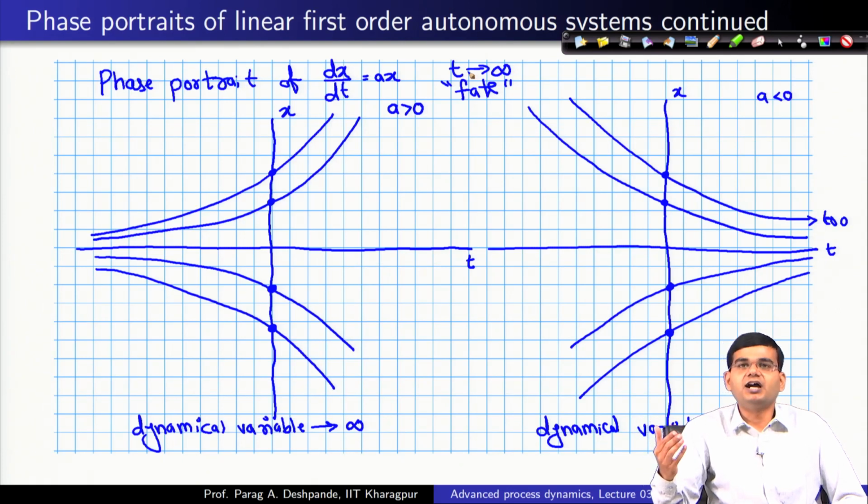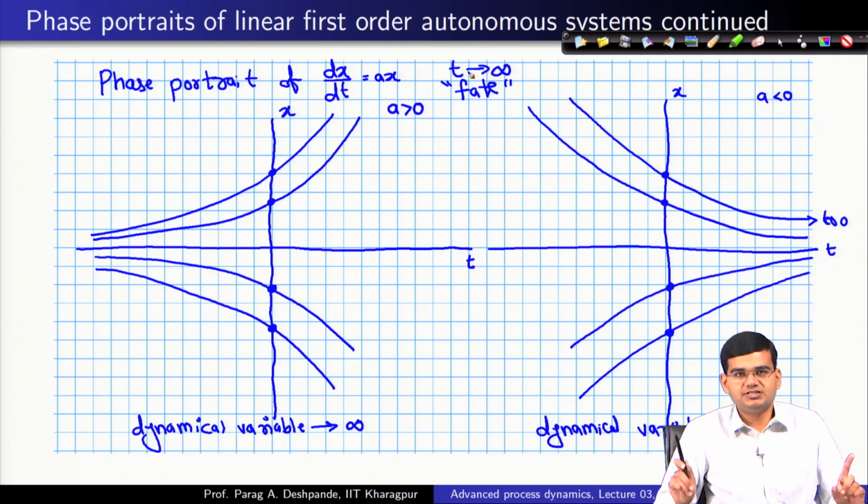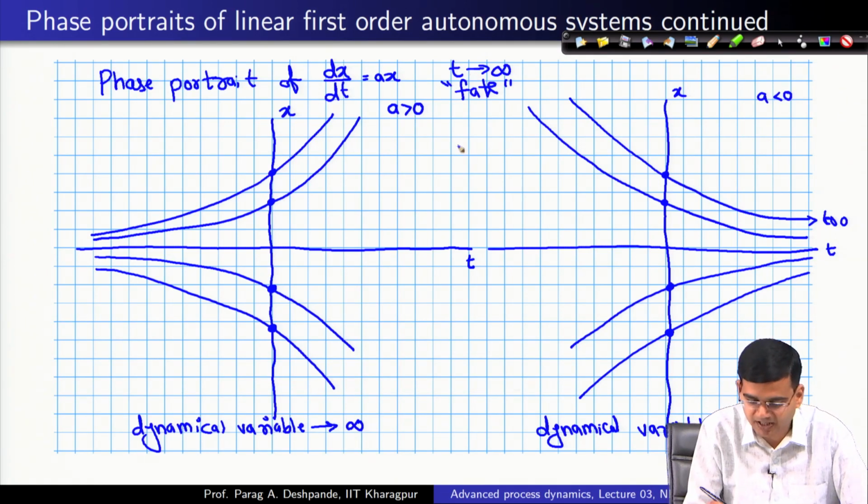Whereas, if the parameter a is less than 0, then you will see that the value of the dynamical variable will become 0. And these are two very contrasting situations. On one hand, the variable tends to infinity, on the other hand the variable tends to 0, and therefore, the system is said to have bifurcation.